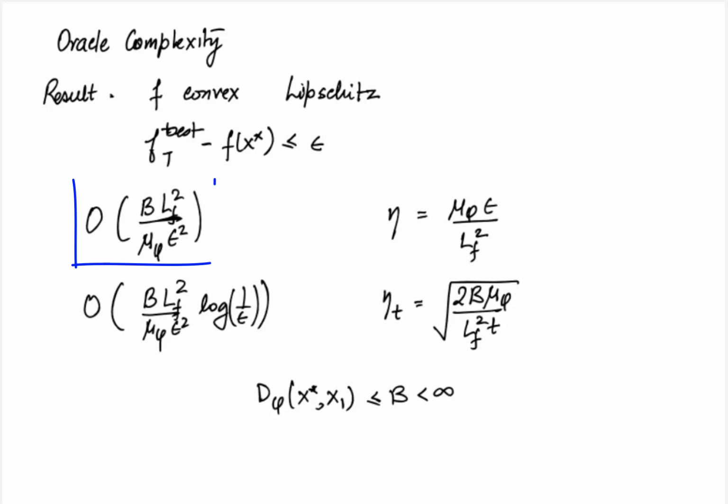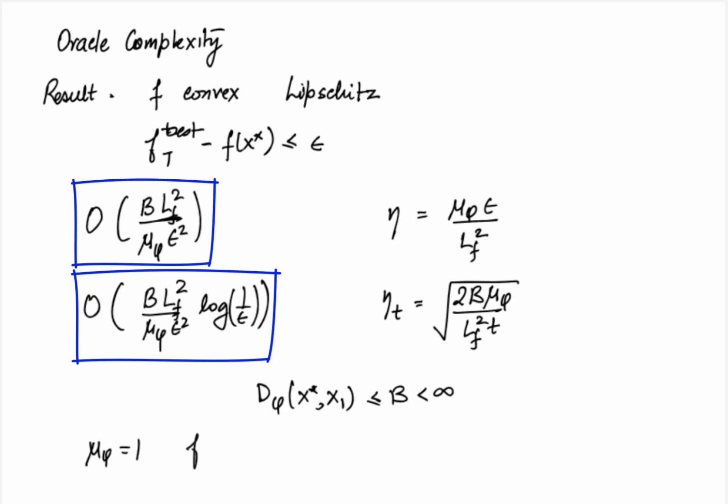Observe here that the result generalizes the oracle complexity result we obtained earlier for subgradient descent. In fact, if you remember, if we take phi equal to half norm of x square, then the result will be exactly the same. The only difference between the two results is the additional parameter mu_phi in the denominator, and it will be 1 if we choose phi equal to half norm of x square.